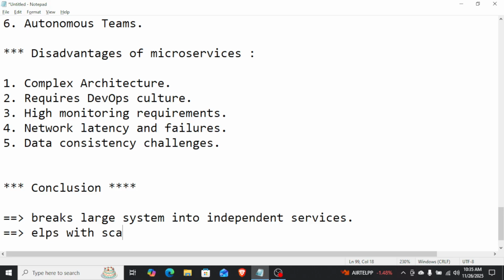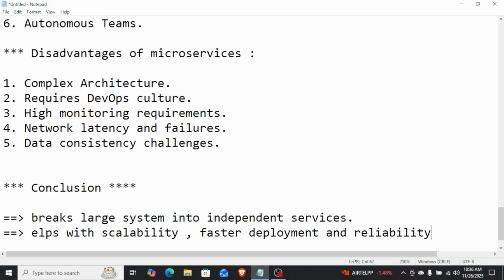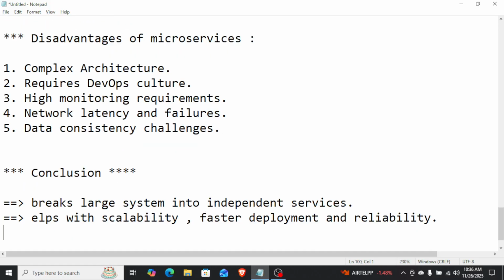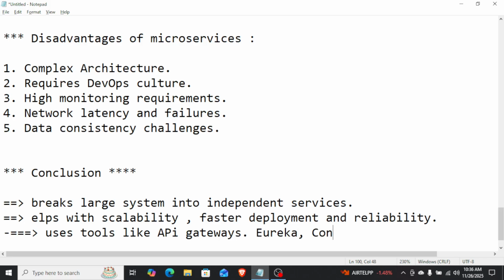It uses tools like API gateways, Eureka, config server, and lastly Kafka.